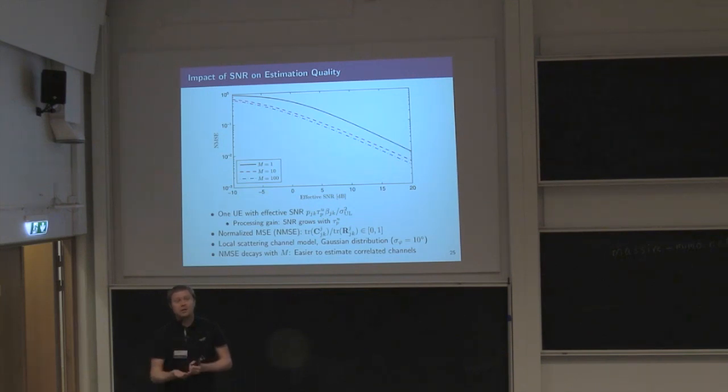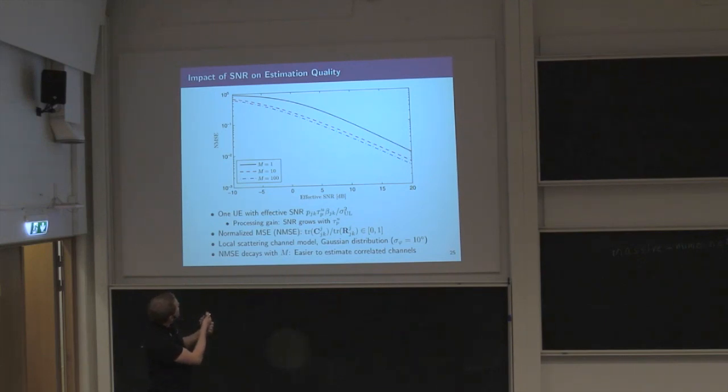There is research that has been done on how to approximate those things, and I'm not covering it today, but in our book we also have something that we call the element-wise MMSE estimation, where we are estimating the channels one at a time in an MMSE fashion, and then you are reducing the complexity because you estimate as if you were in a one antenna system, but you will lose in terms of performance.